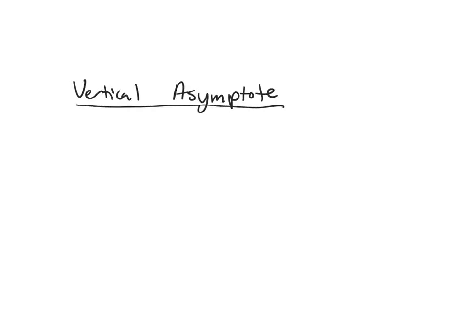So now we can talk about the idea of a vertical asymptote. You've probably seen these before when you talk about rational functions.